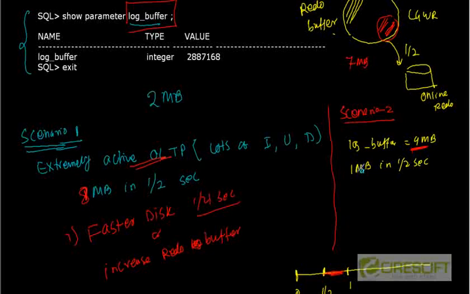So your log buffer is going to be determined by how much redo information is being generated, what is the log writer's speed, and what is the transfer rate from the redo buffer to the online redo. Those two things together give you a good idea about how much a log buffer should be.